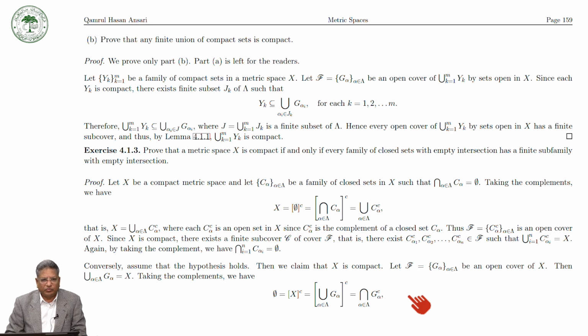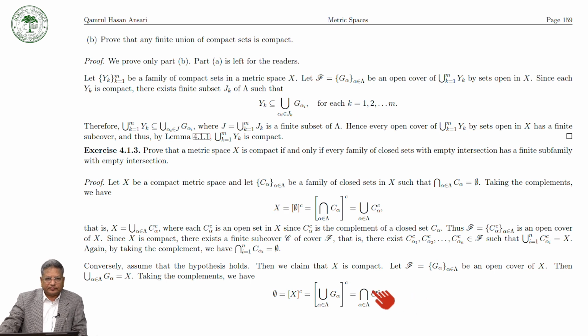So now we will prove part B, and part A is left for you. Part B means we have to prove that any finite union of compact sets is compact.